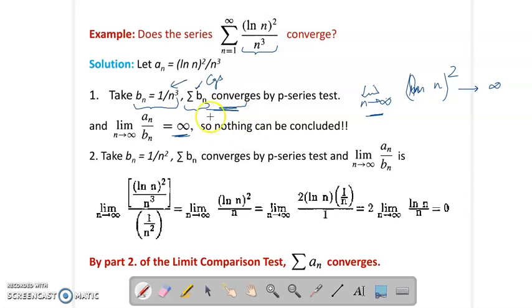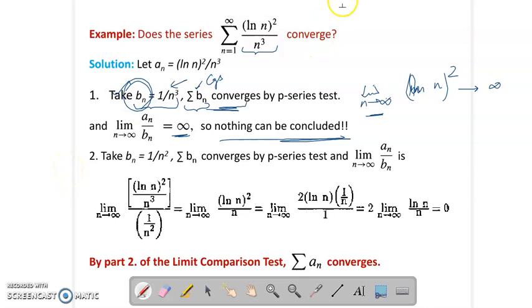The result says that if this limit is infinity and bn diverges, then an diverges. But if this limit is infinity and bn converges, we cannot conclude anything from the limit comparison test. So we will have to take another value of bn so that we can conclude something.